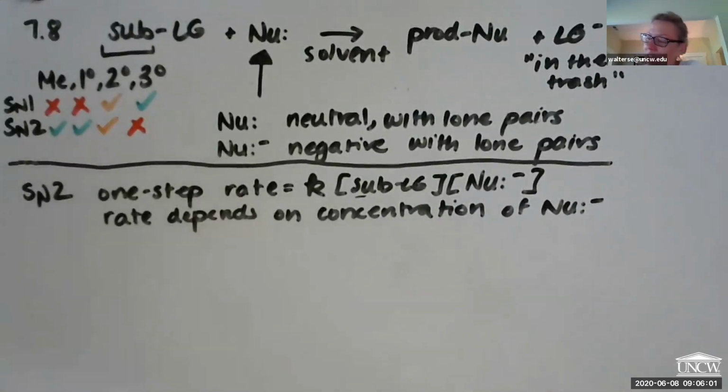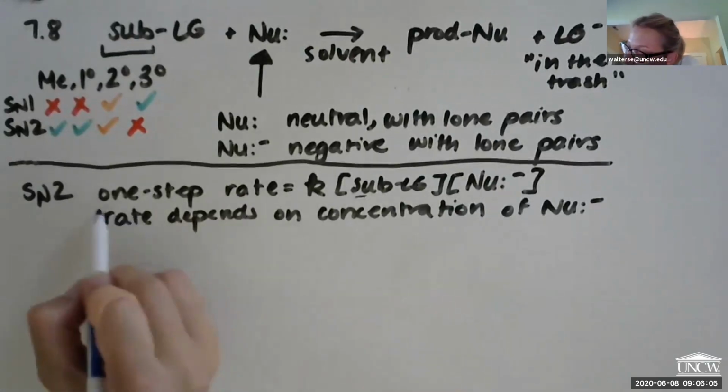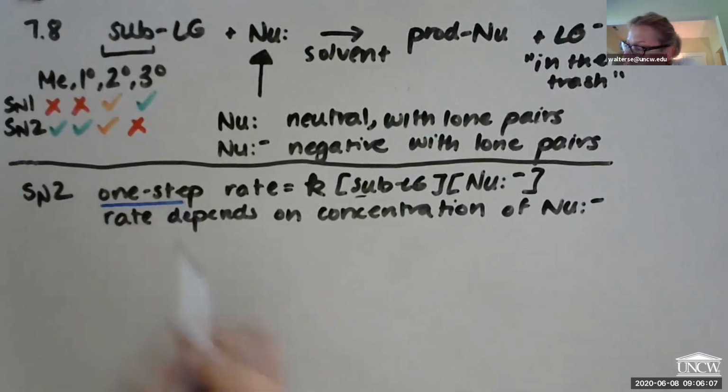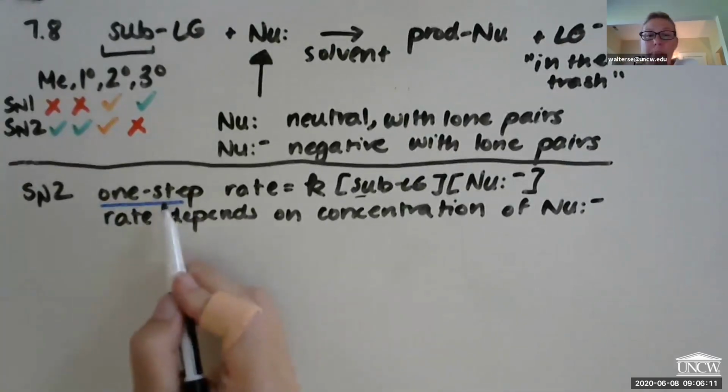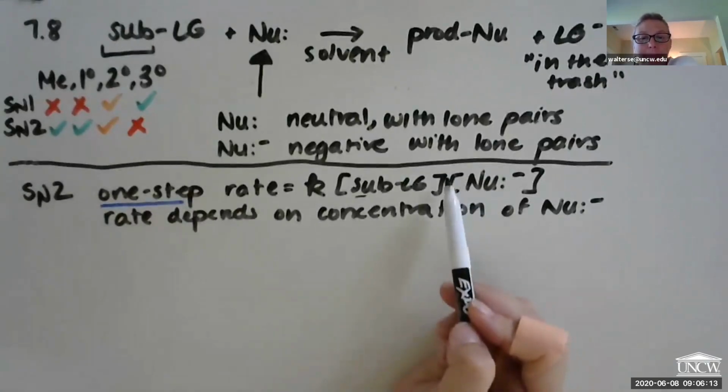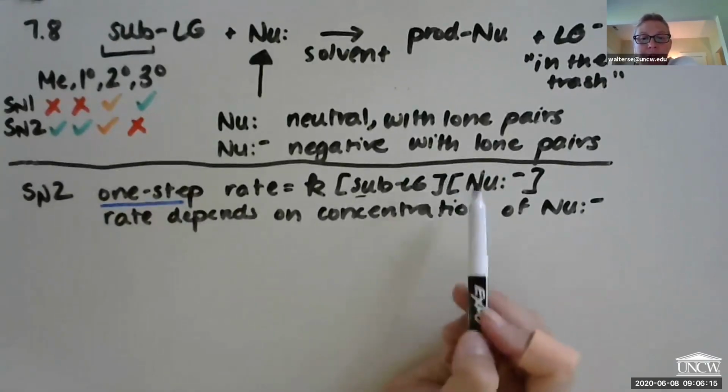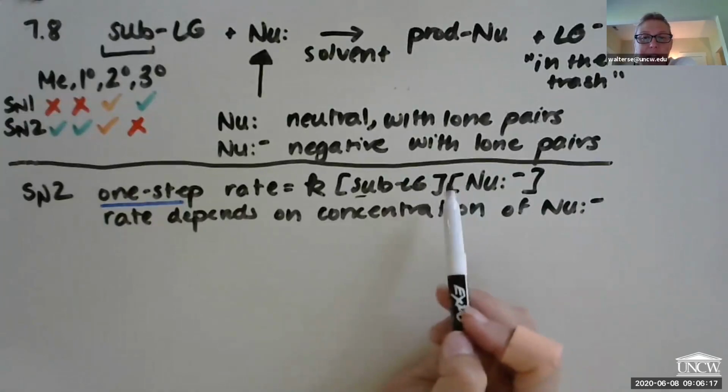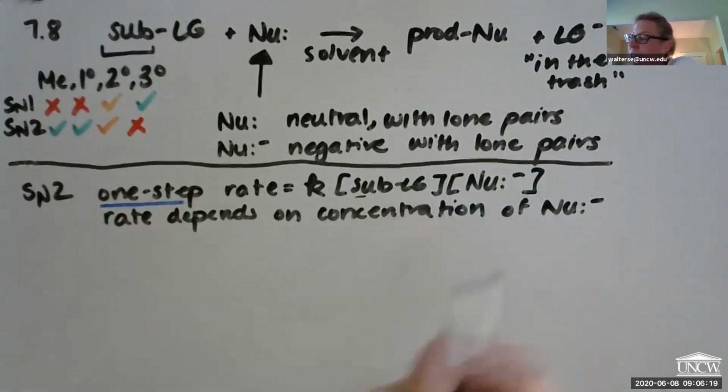The other thing that we have to consider from our first statement is that this is a one-step reaction. It's one step, but it's bimolecular. So when you have two species in your rate law, that's called bimolecular.